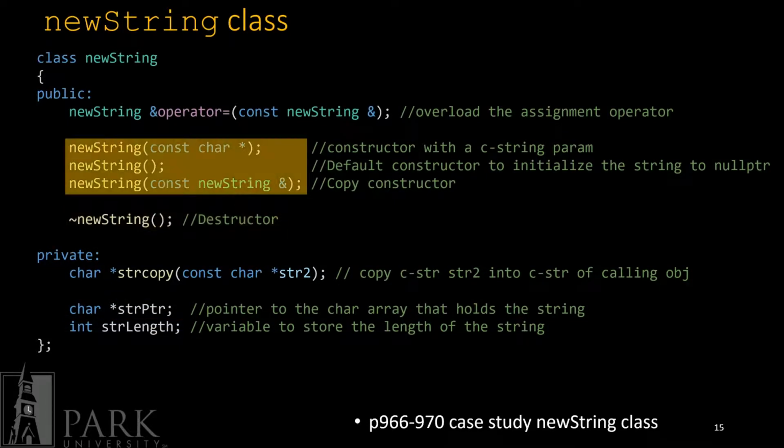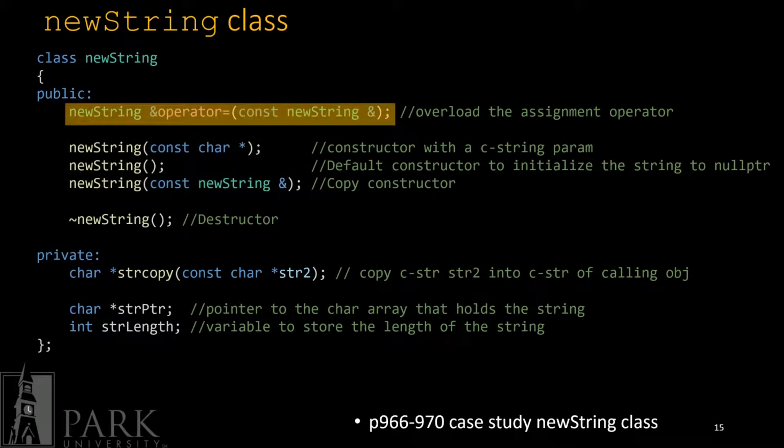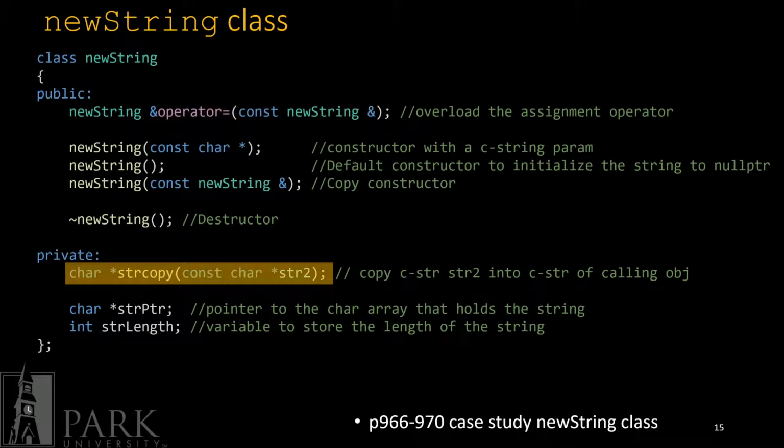It has 3 constructors: a default one, one that takes a C string parameter, and a copy constructor. It also overloads the assignment operator. And finally, it has a private member function to do string copying. This is a helper function for internal use only, as indicated by the fact that it's under the private heading.